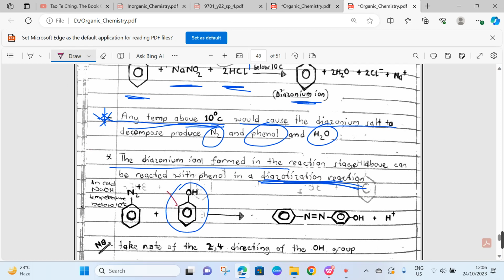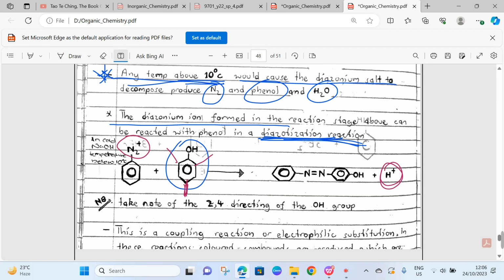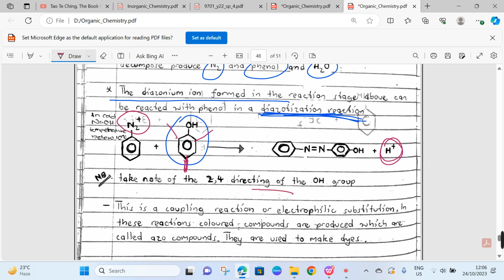It activates these positions for substitution. So any of these three positions can be substituted. The hydrogens there can be substituted, and this nitrogen forms a bond there, and the hydrogen is ejected here. That's why I wrote at the bottom to take note of the 2,4 directing effect of the OH group on the benzene ring.